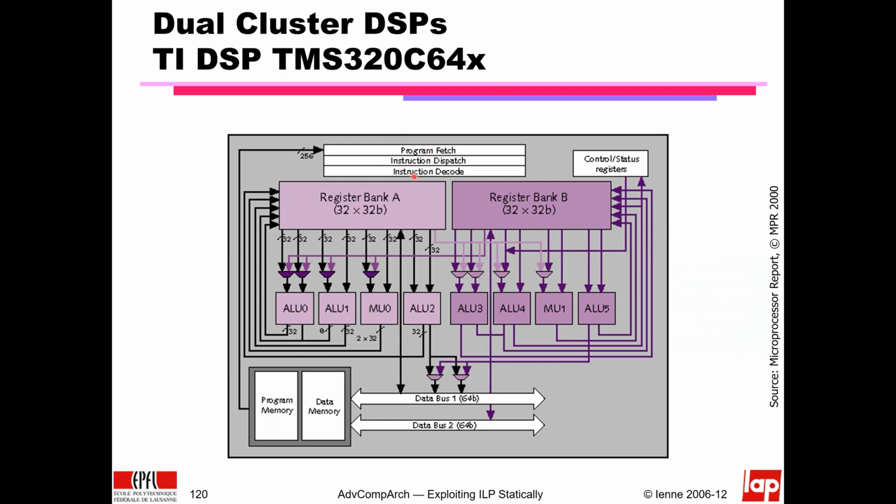And it's a little bit more complicated, but not fundamentally, in the sense that there are two different register banks and sets of units that operate in parallel. So it's what is called a clustered architecture, in the sense that there is one cluster that seems to be really very much a pure VLIW, and a second cluster that seems to be an independent, but actually time-locked, synchronous second VLIW that operates at the same time.